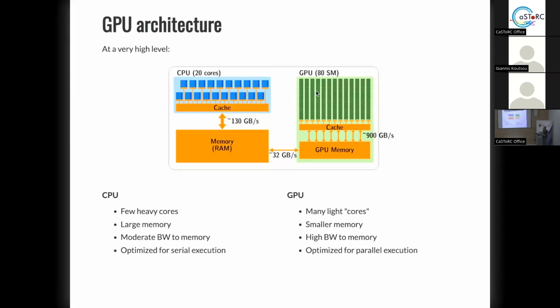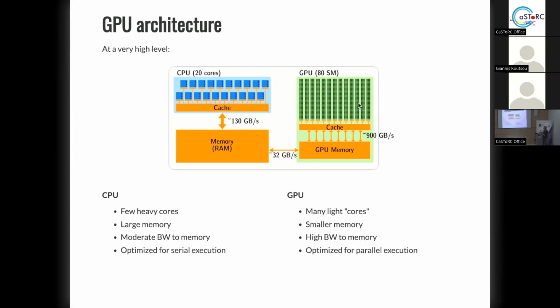And then you have a GPU, okay? Now, if you want to contrast it a bit, the way you should think of it is that whereas a CPU has, let's say, a few more heavy-duty cores, a GPU has many lighter cores, let's call them.